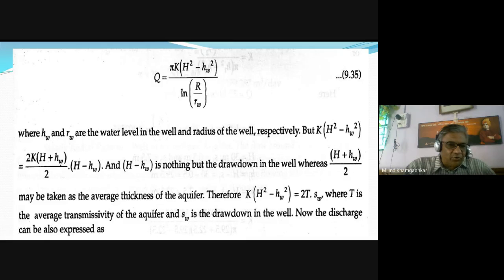So b into K is nothing but the coefficient of transmissivity T. Therefore 2 times T into (H minus HW), which is the drawdown SW. So K into H square minus HW square can be rewritten as 2T into SW, where T is the average transmissivity and SW is the drawdown in the well.